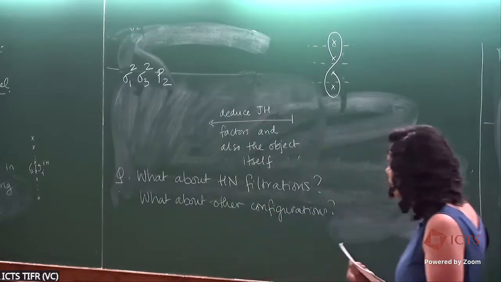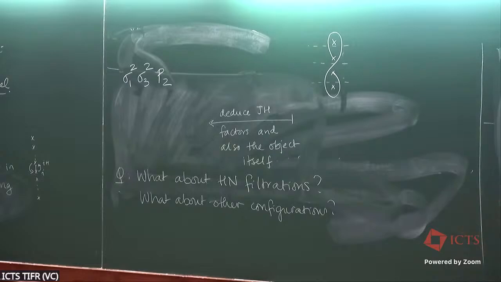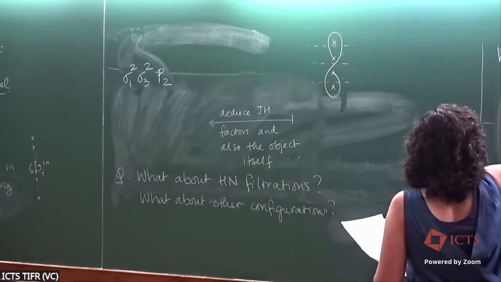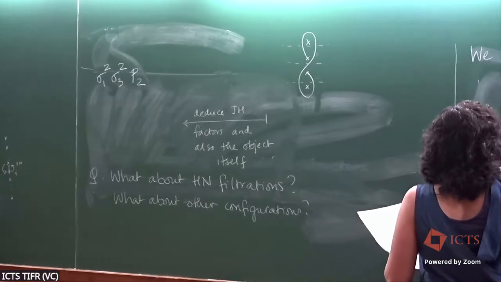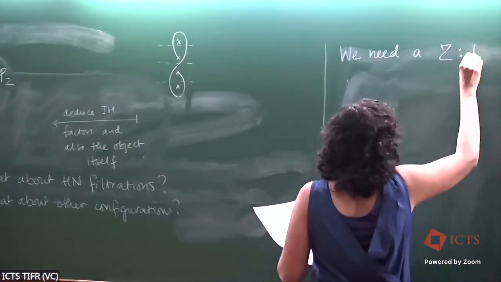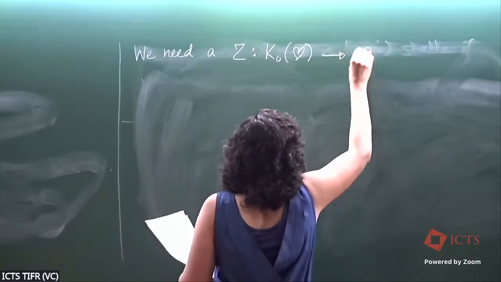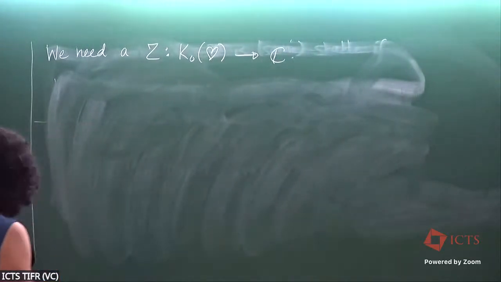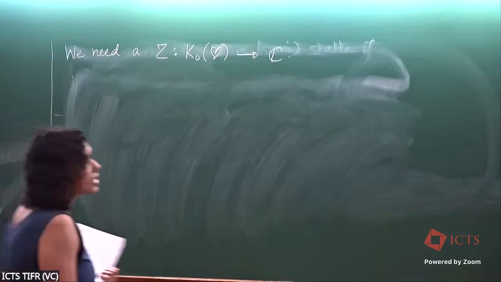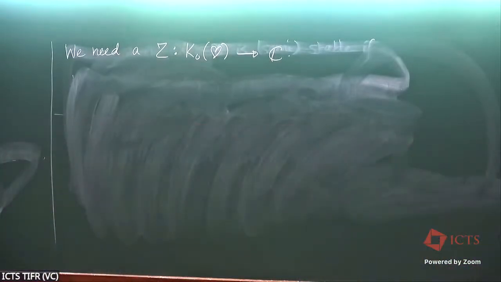But now, in order to describe a Bridgeland stability condition or to get Harder-Narasimhan filtrations on this category, what we need is really a central charge or stability function. So we need a stability function Z from the Grothendieck group of this heart to C. The heart has n simples, and it's a finite length category.